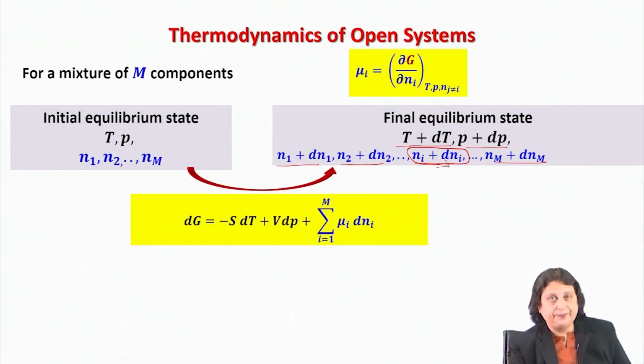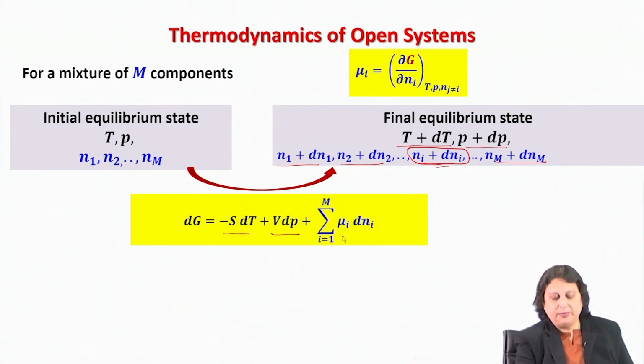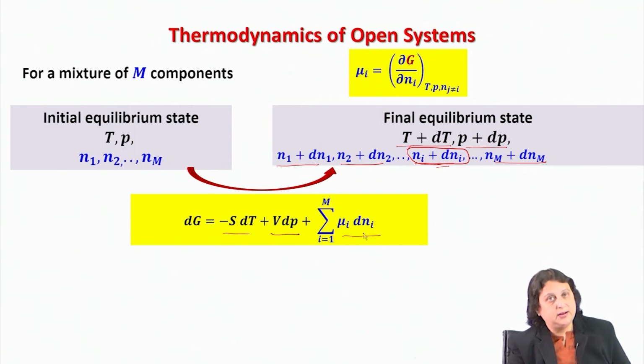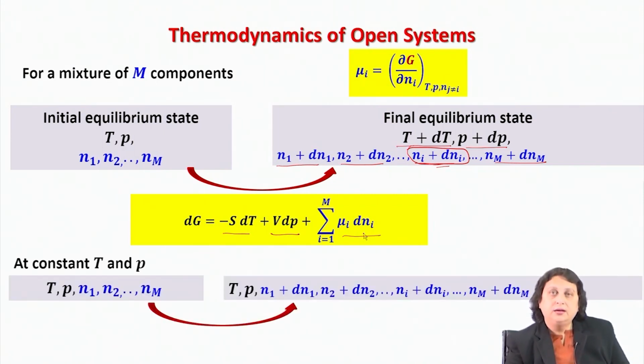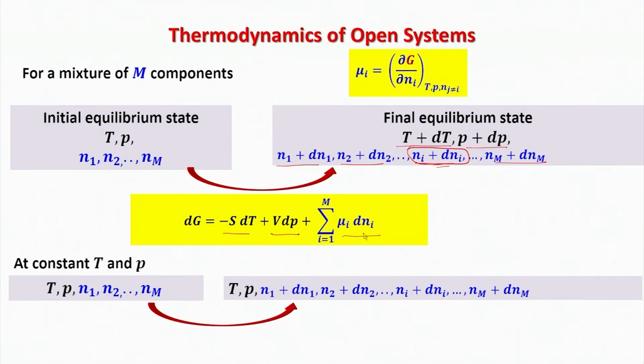Now, for this entire change, I understand that by definition, dG would be minus SdT plus VdP plus summation mu i dNi. Now, if I have an isothermal and isobaric process, in that case, what would be the change in state that I am looking at? So I will be maintaining the same value of temperature and pressure in the final as well as in the initial equilibrium state.